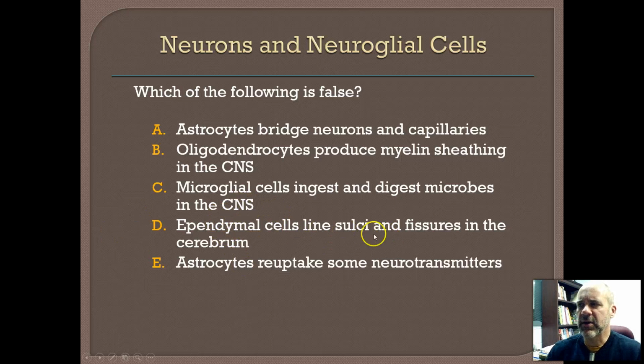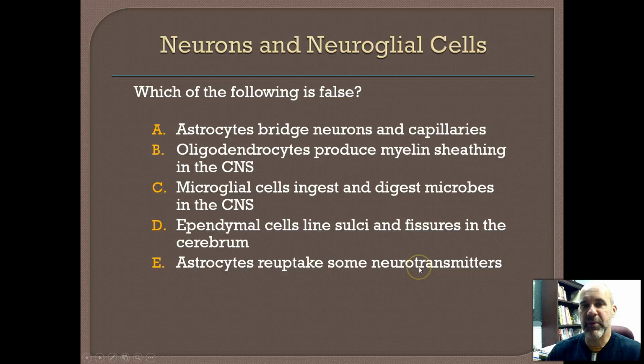Ependymal cells line the sulci and fissures in the cerebrum. Now that one you have to be kind of careful with. No, remember we said the ependymal cells are special cells that line the ventricles where you have the cerebrospinal fluid. So your sulci and your fissures are just those hills and valleys, those wrinkles and so forth on the surface of the cerebrum. So that's false.